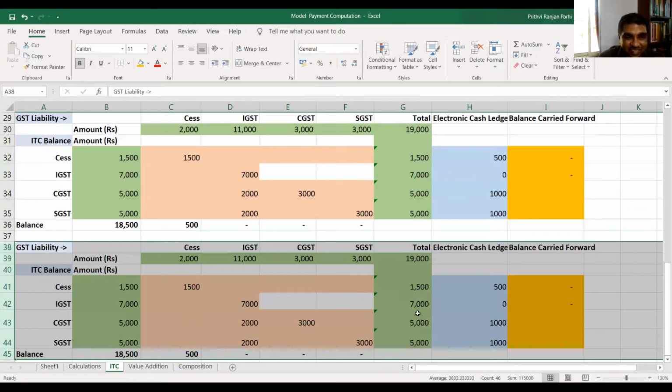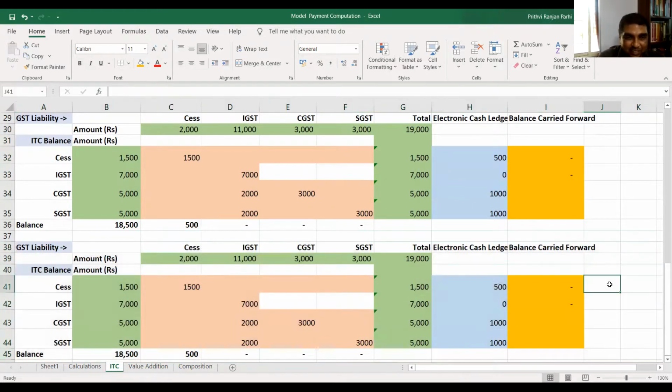In case the CGST ITC is not 5,000, it is 7,000, I am making a correction here. Then what can I do? Sir, it will be 2,000 in the balance carried forward, sir.